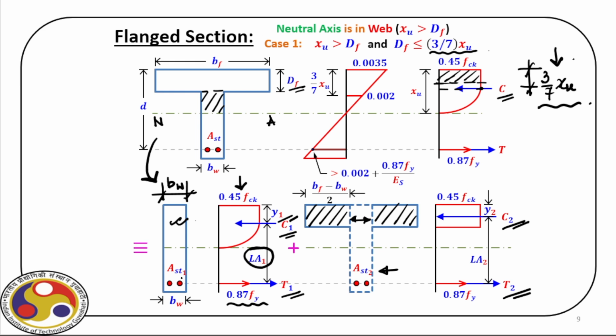So, if we multiply AST1 with this stress value, we will get T1. Similarly, in case of the second beam that we have here, the stress in steel is again 0.87 FY. The extreme compressive fiber will have 0.45 FCK, and for that we can find out what is C2 and the location of this force. That we'll do in a minute.